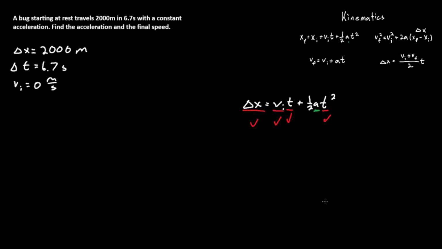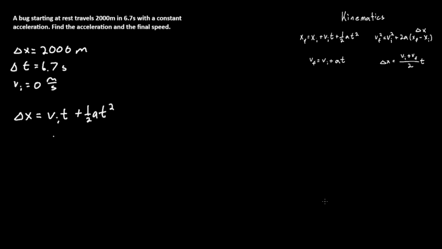So given this formula, we can solve for the acceleration by just isolating it. So let's go ahead and isolate that. We have delta x is equal to initial velocity times time plus 1/2 acceleration times time squared. Initial velocity is just 0, so this zeroes out, and you can rewrite your equation like so.